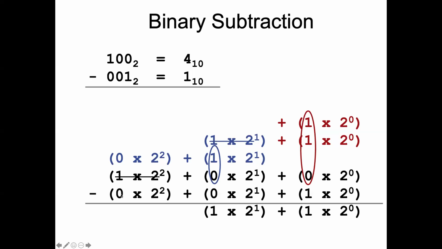Over in the topmost column, you borrowed out of here, so all you've got left is 0 times 2 squared, but you're only subtracting 0 times 2 squared, so that leaves you 0 times 2 squared. Or if you had to write that down in short form, in normal form in binary, 1 0 0 minus 0 0 1 leaves you 0 in this highest bit, 1 1 in the remaining 2 bits. So that's what we just calculated down here in shorter form.